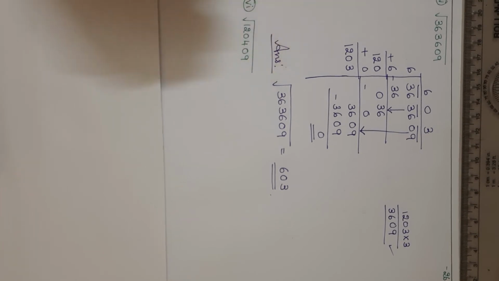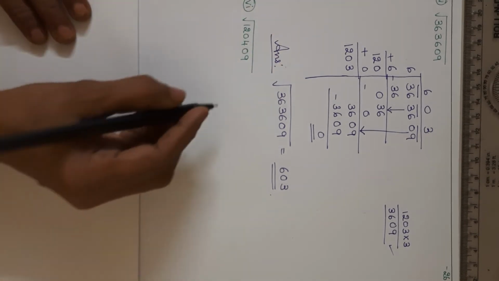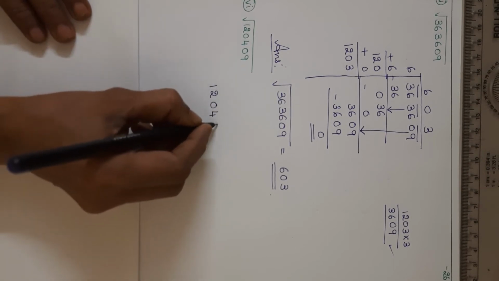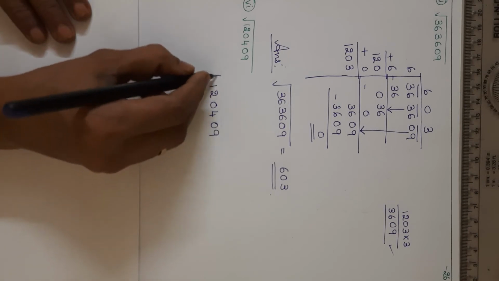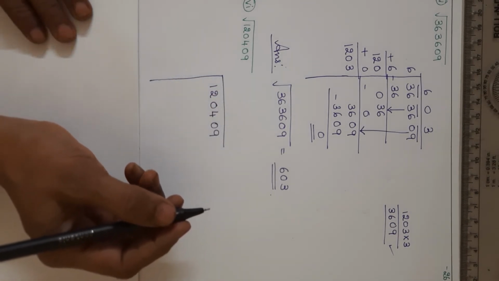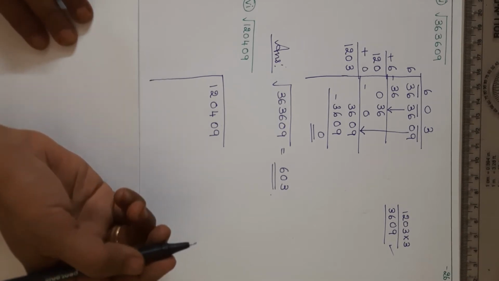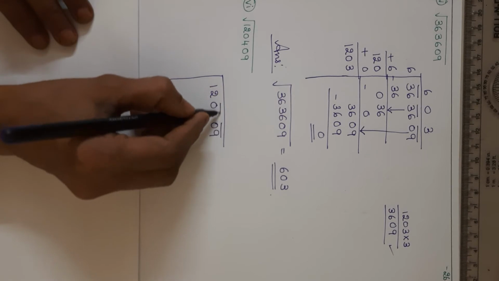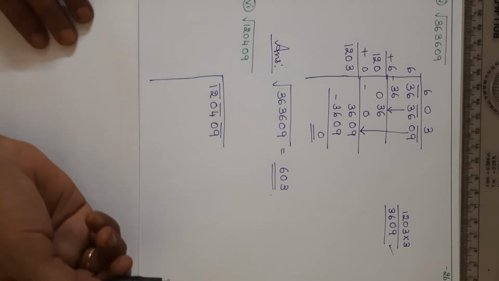Okay. Now coming to the sixth sum. 1 2 0 4 0 9. From right side grouping, so 09, 04, 12.